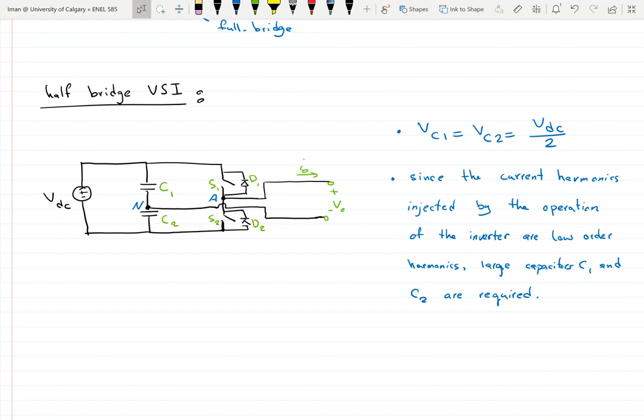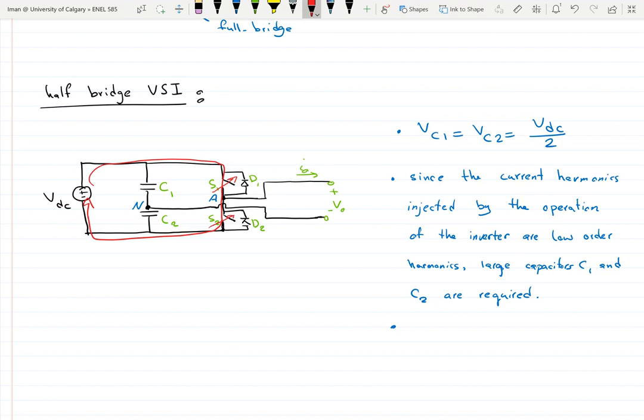Okay, so what else? So S1 and S2 obviously can't turn on at the same time, because if they do, you will short circuit the input voltage and burn out these switches here.